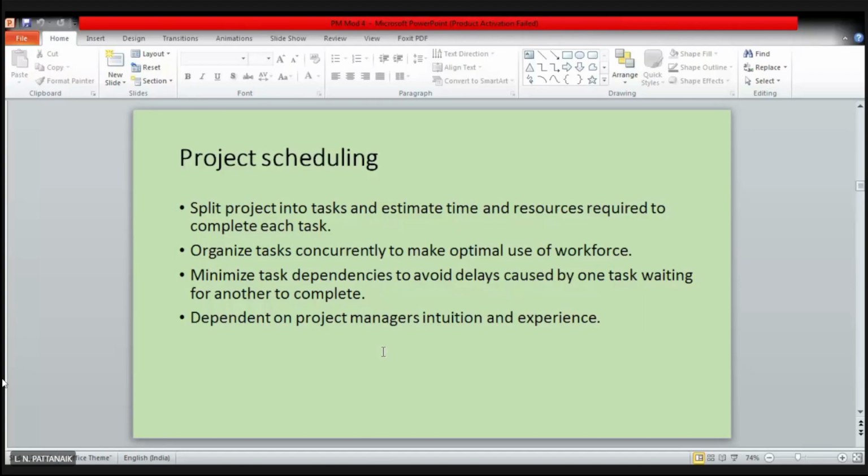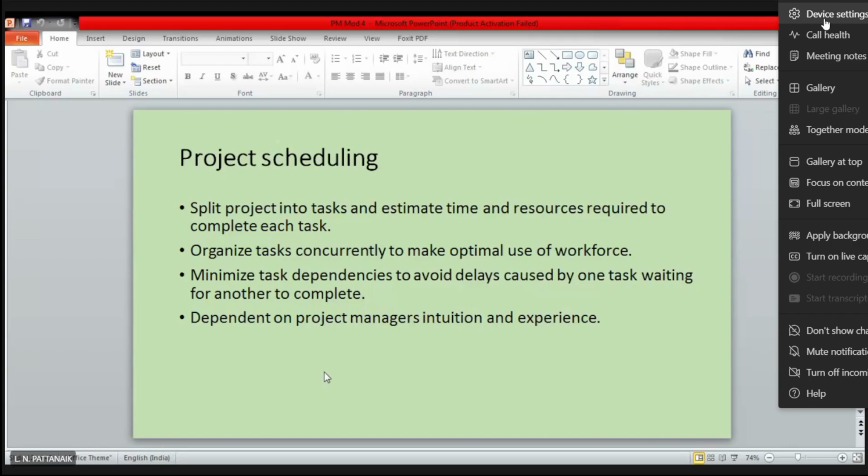Let us proceed. As you can see in this slide, the heading given is project scheduling. So those things are mentioned that you have to split the project into various tasks and estimate the time and resources required to complete each task. This is also important.